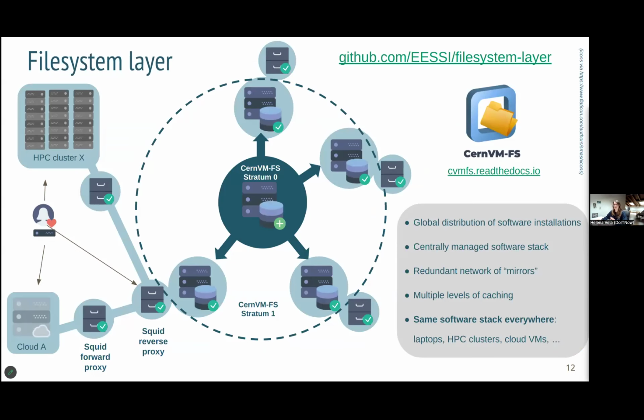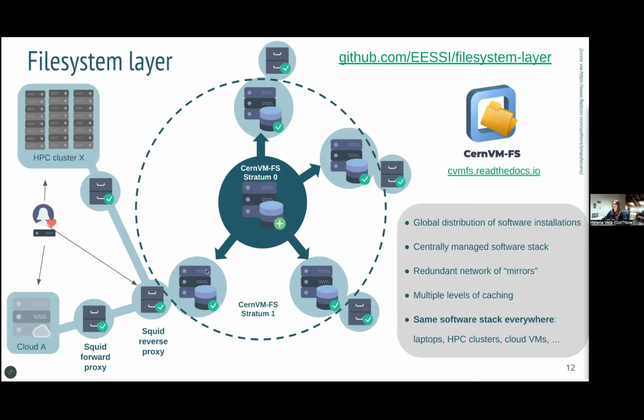The file system layer relies entirely on CernVM-FS, and as the name suggests, it's an open source project developed by CERN itself. So the way it works is there's a central server we call the Stratum 0. This one is the only writable one, and it hosts all the data, absolutely centralized, and there's only one. And surrounding it, there's a constellation of mirrors we call Stratum 1s. They replicate the data from the Stratum 0, so it makes the whole infrastructure more robust.